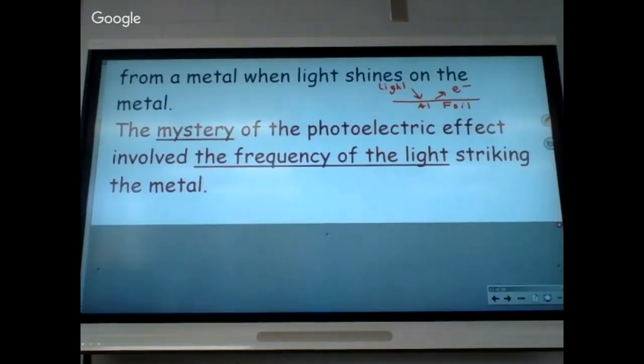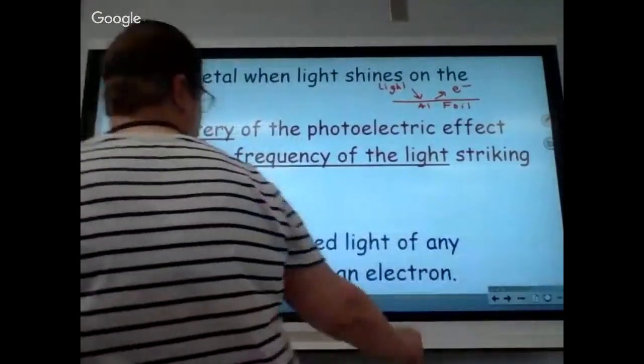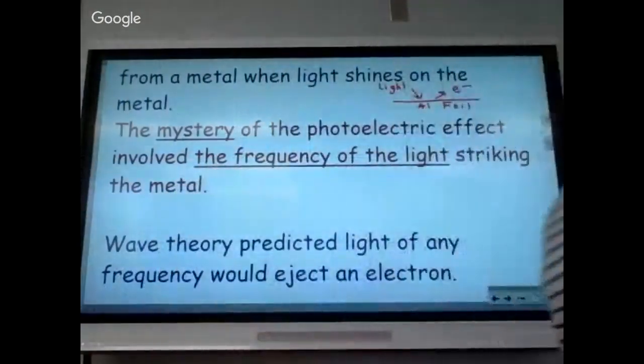No. That's correct. Wave theory, as we know it today, says that it will not work. Wave theory predicted light of any frequency would eject an electron.